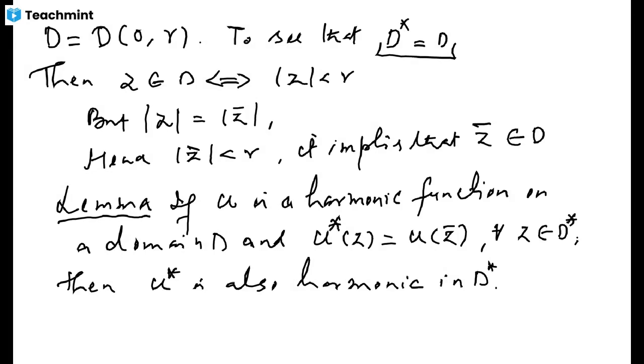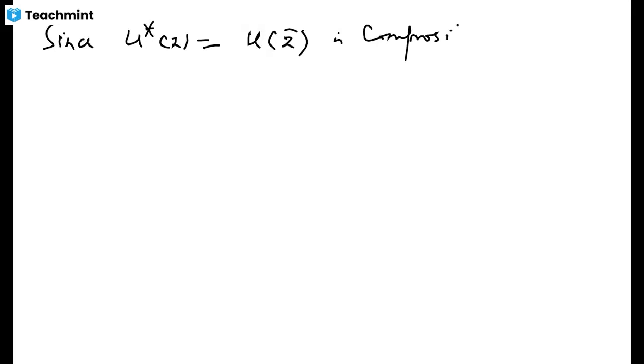To see that it is actually harmonic: U star of Z is a composition of the conjugate map and U. U is continuous, and you know that the conjugate map is also a continuous function. So this is a composition of continuous functions.